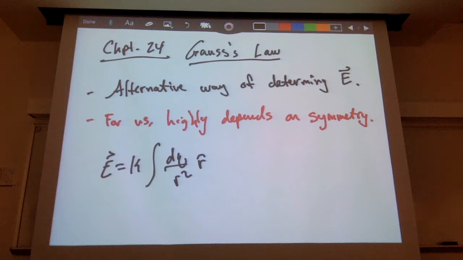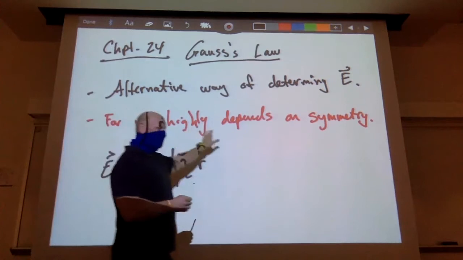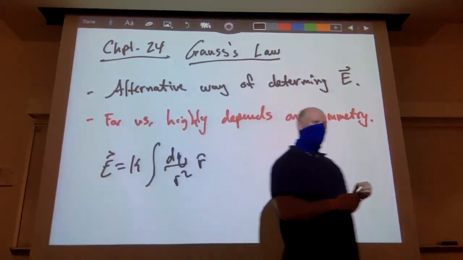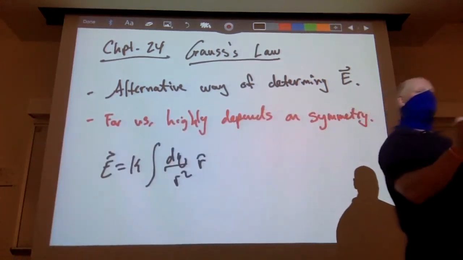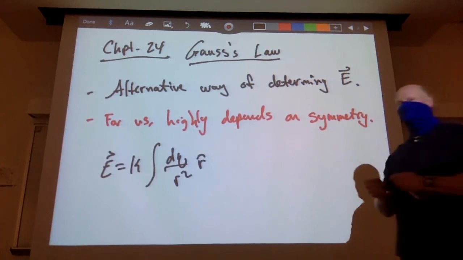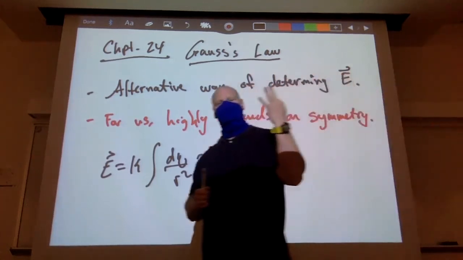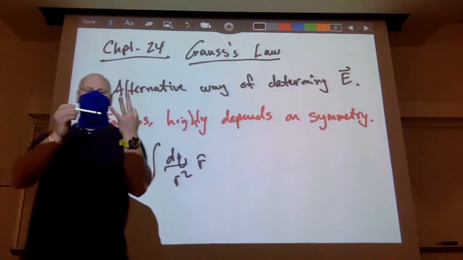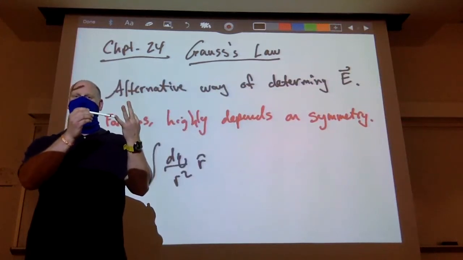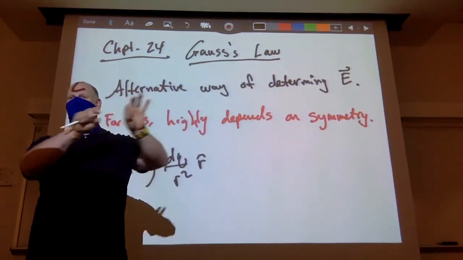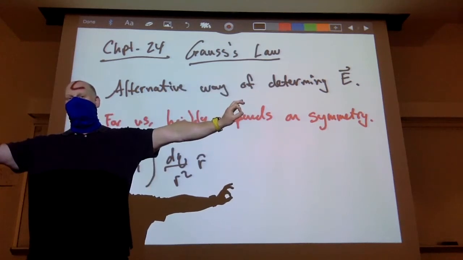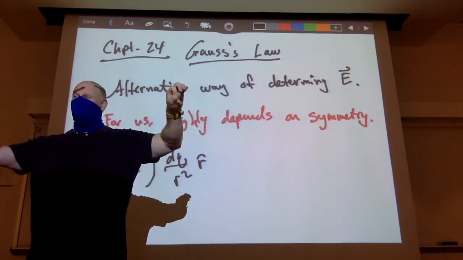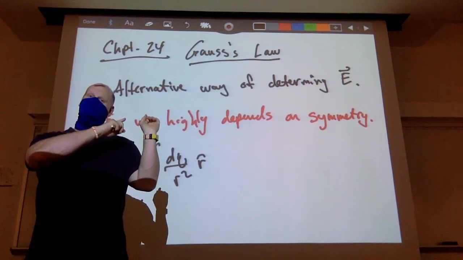I'll tell you how we're going to do that and why. The only problem with Gauss's Law, at least as far as this class is concerned, is it is highly dependent on symmetry, which means Gauss's Law only works in 3 scenarios. If I have beautiful, perfect spherical symmetry, if I have cylindrical symmetry where the object is infinite in length, it can be spherically symmetric but not infinite in length, then Gauss's Law doesn't work.